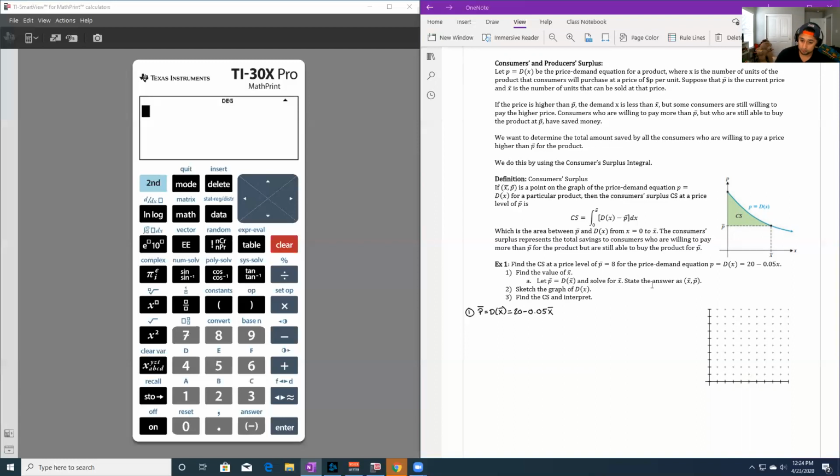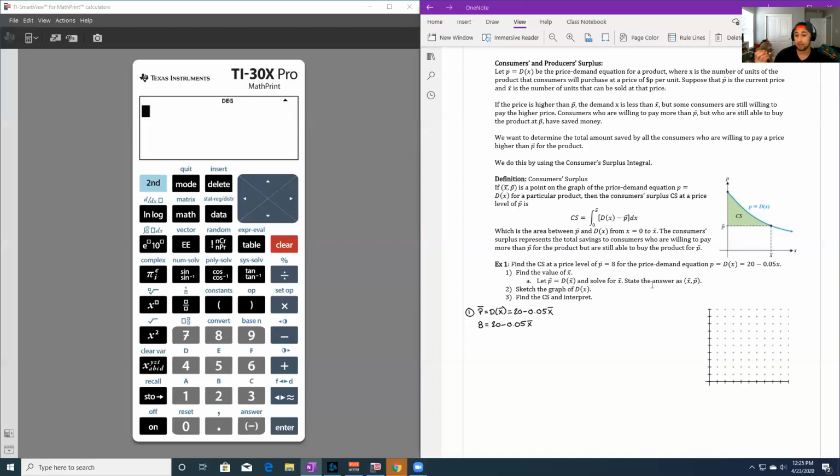Now, what we know is that P bar is actually equal to 8. That's given in the problem. So we're going to plug that in for P bar. So this becomes 8 equals 20 minus 0.05 X bar. And all we have to do is solve for X bar.